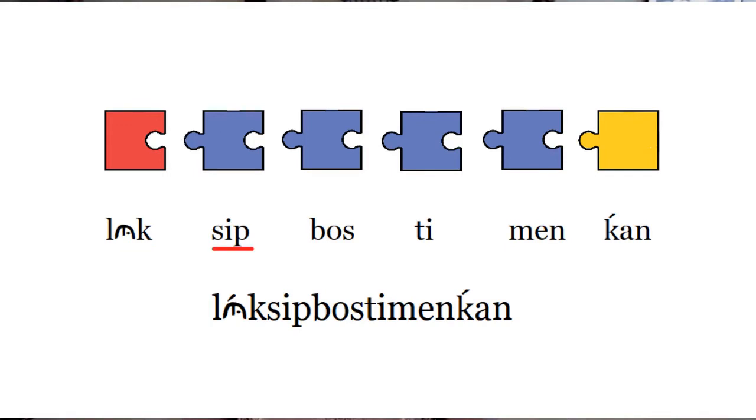First infix sip, out of. Infix bos, all the way. Infix ti, make or let someone do. Infix men, not. Then there's the ending, kan. He, she, or it did. Look sip bos ti men kan. He did not let it crawl all the way out.